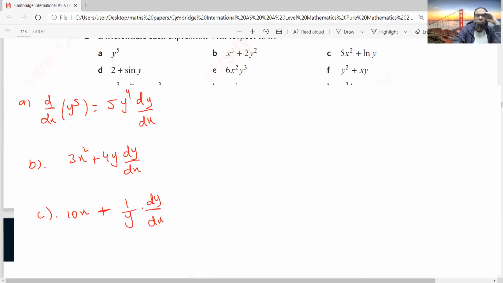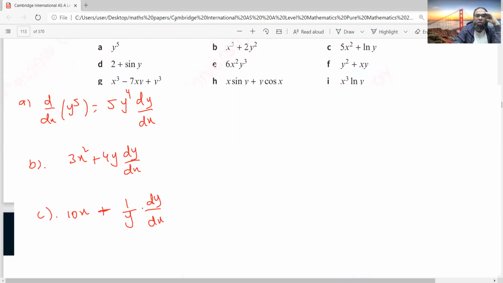If you go into the parts d, e, f, there you see the part d. It says 2 plus sine y. The derivative of 2 is 0, and sine y's derivative will be cos y times this dy by dx. You can write it like this, cos y dy by dx.